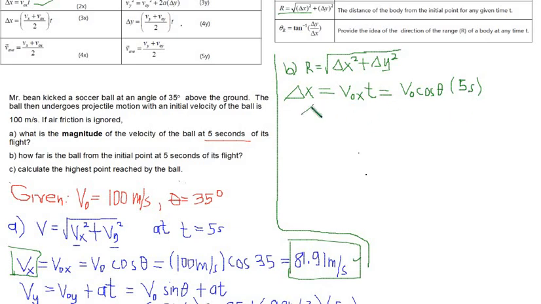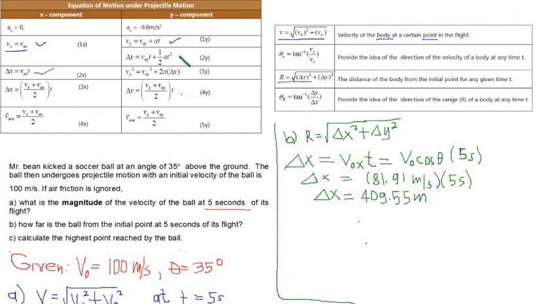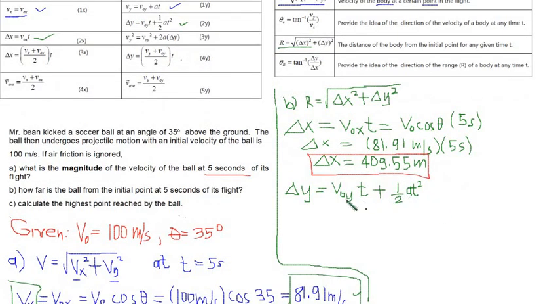So we can now get delta x, and the final value of delta x is approximately 409.55 meters. Now for delta y, we use the equation with the value of v0y and acceleration of negative 9.8. We substitute the values of v0y, a, and t here.